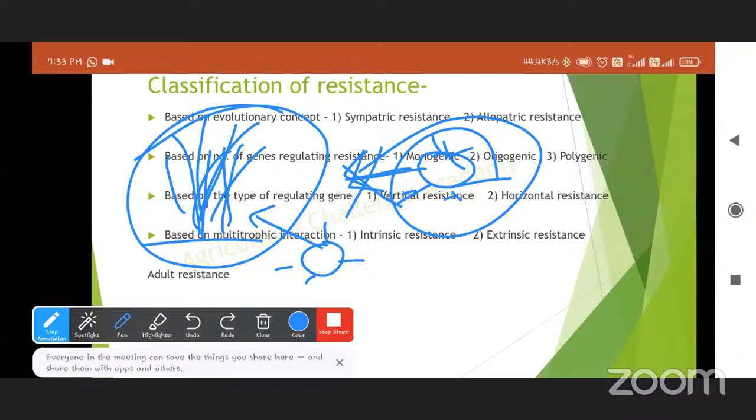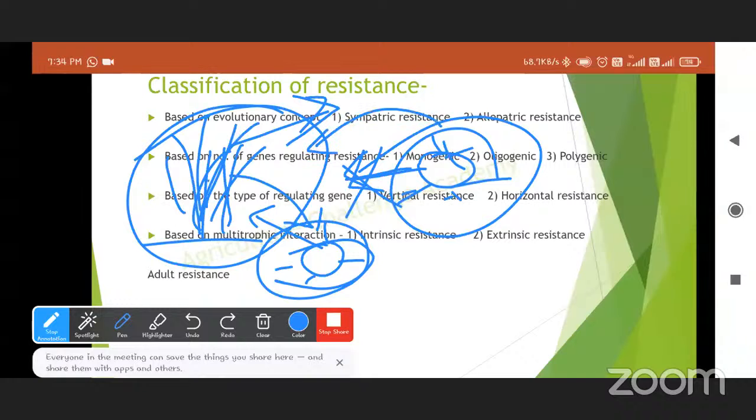Another insect damaged this plant or tried to feed upon this plant. What happens? This rice plant is somewhat resistant towards this. It has genes which confer resistance in this plant towards this insect. And when this plant is exposed to the first insect, it is seen that this plant is exhibiting resistance towards this insect too.